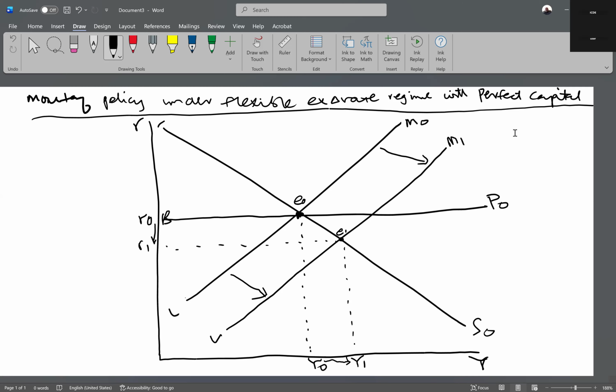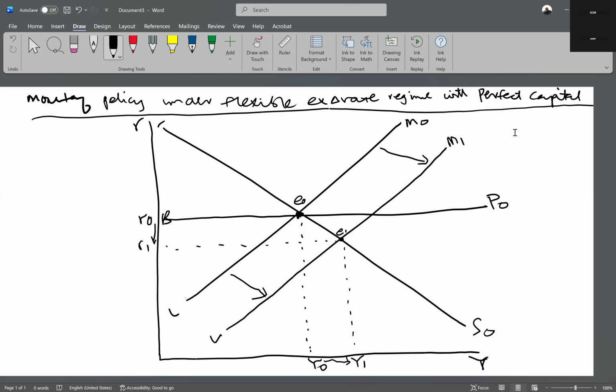If the cedi depreciates, exports become cheaper and imports become expensive. So exports will now exceed imports, creating a favorable balance of trade.